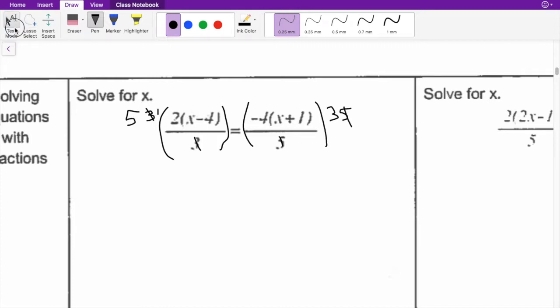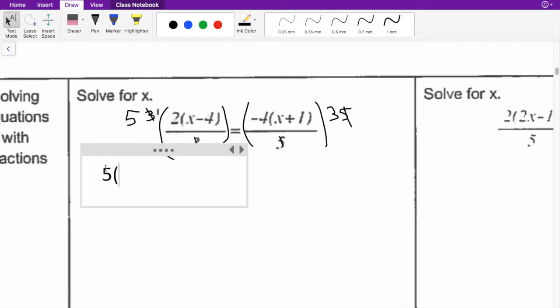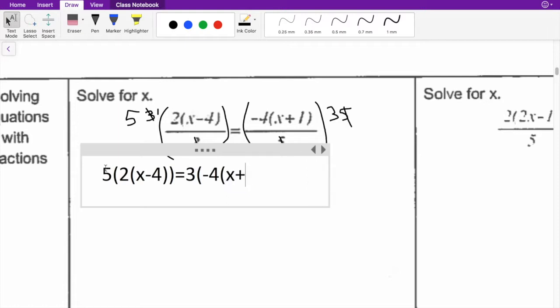So that leaves me with 5 outside of 2 bracket x minus 4, and I gotta do double brackets there, which therefore equals, I'll bring that 3 over because that's where we usually see it, negative 4 bracket x plus 1.